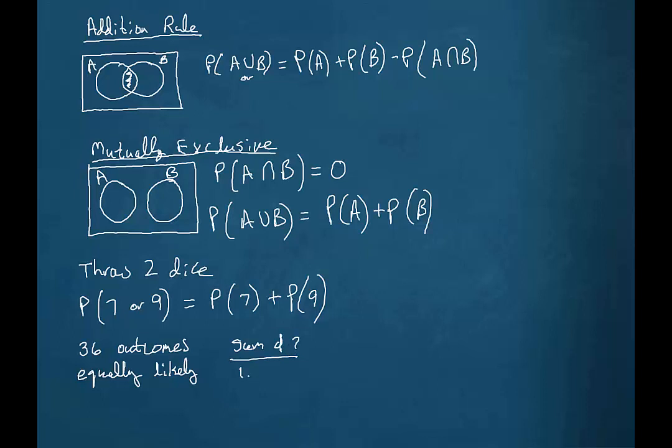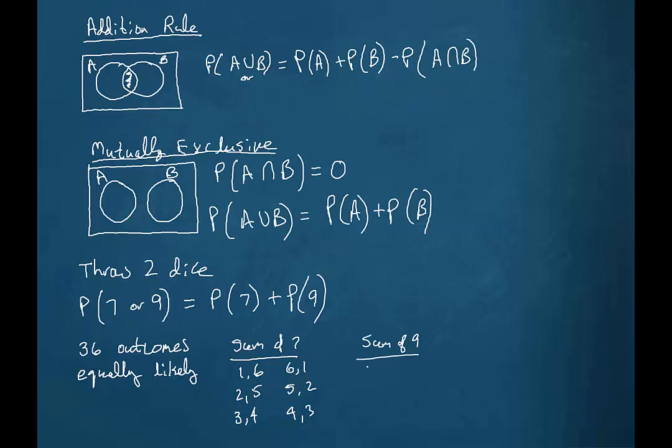We could throw a 1 and a 6. We could reverse that and make it a 6 and a 1. We could throw a 2 and a 5, reverse that and make it a 5 and a 2. We could throw a 3 and a 4 and reverse that and throw a 4 and a 3. So there are 6.